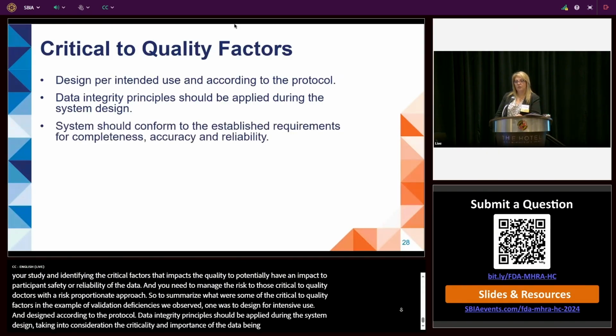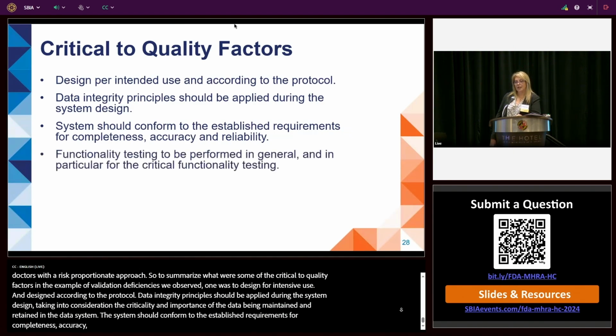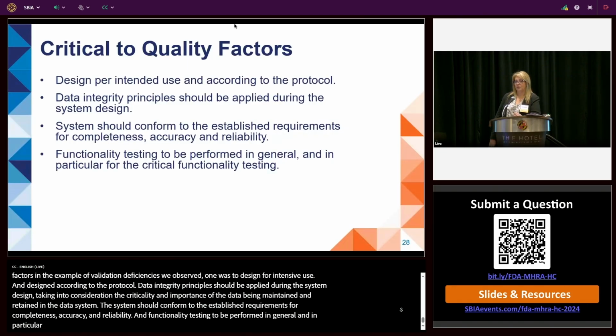The system should conform to the established requirements for completeness, accuracy, reliability, and functionality testing should be performed in general, and in particular, critical functionality testing should be performed, which, if you recall, in the example I provided, randomization was a critical functionality testing that was not done.